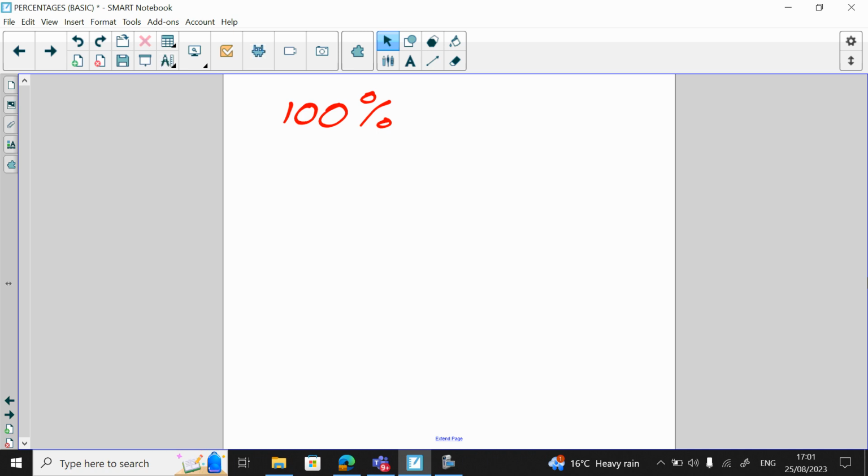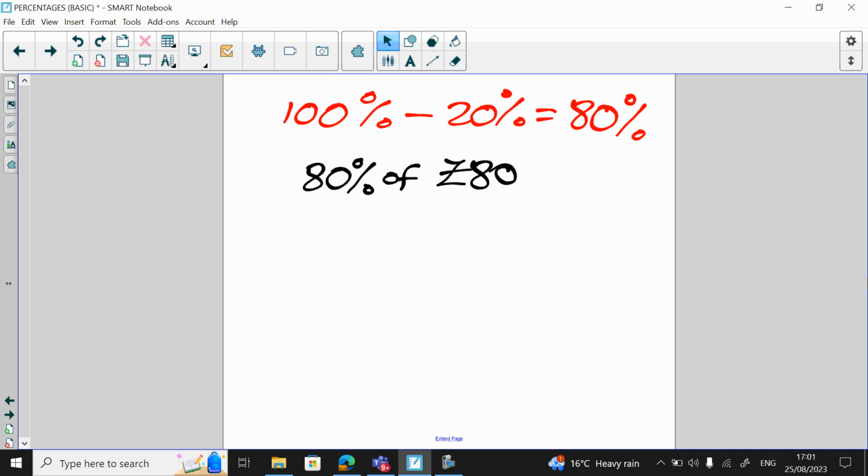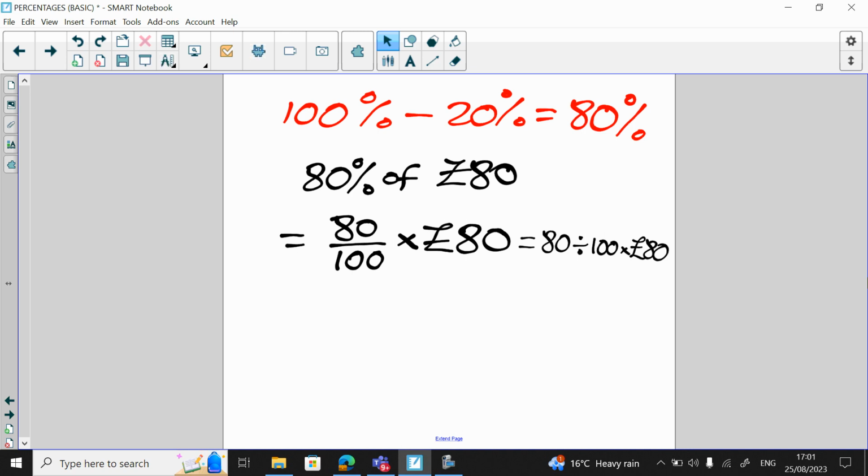That's 100%, regardless of what it is. The reduction was 20% that you're going to subtract. So we could have done that. So you're actually paying 80% of the original price. So what we could actually do here is just take 80% of the £80. So 80 over 100 times £80. 80 divided by 100 times £80. And again, you still get £64.